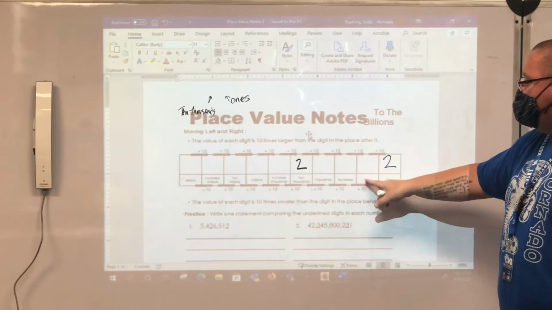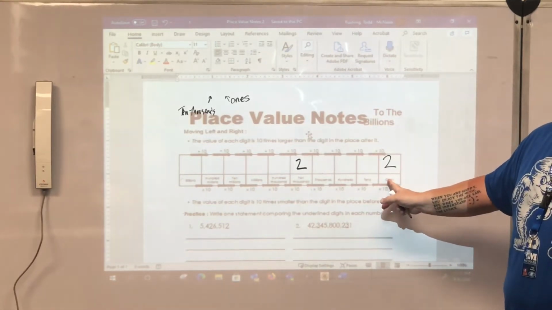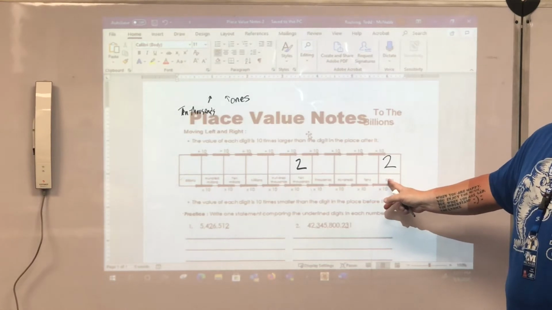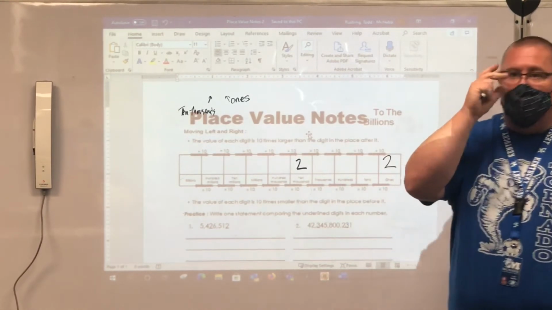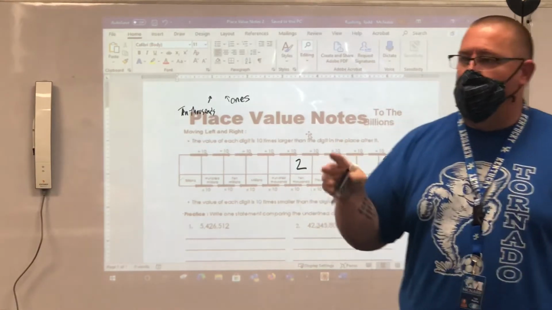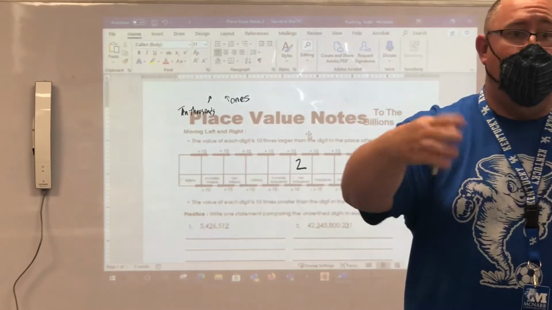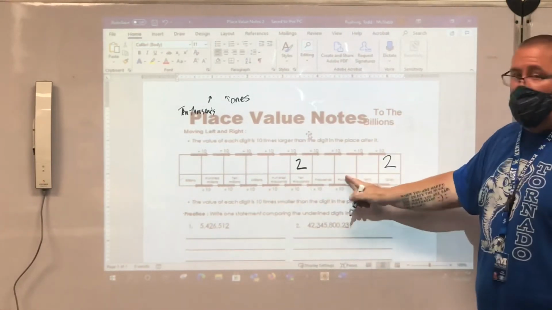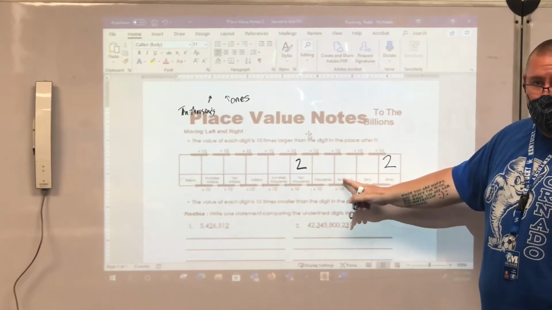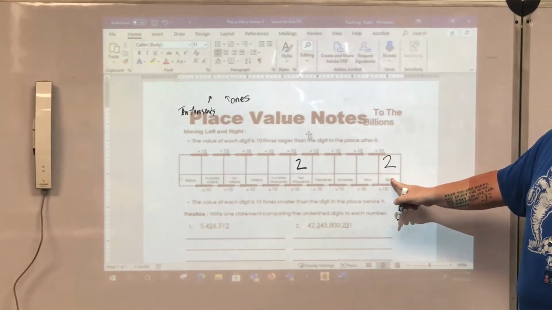The 10s is 10 times bigger than the 1s. We agree with that? We talked about the money a minute ago, right? Now, let's jump to the hundreds compared to the ones. How many $1 bills make $100? 100 $1 bills make $100, right? So that means the hundreds place is 100 times bigger than the ones place.